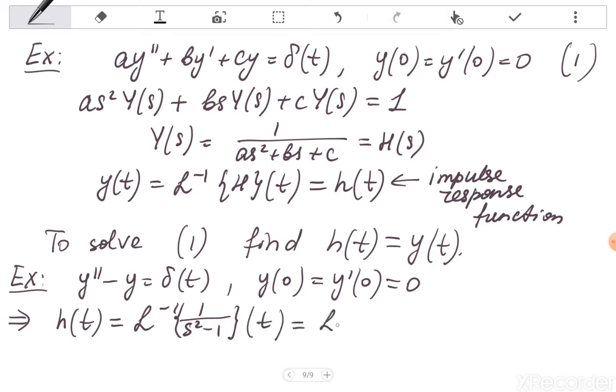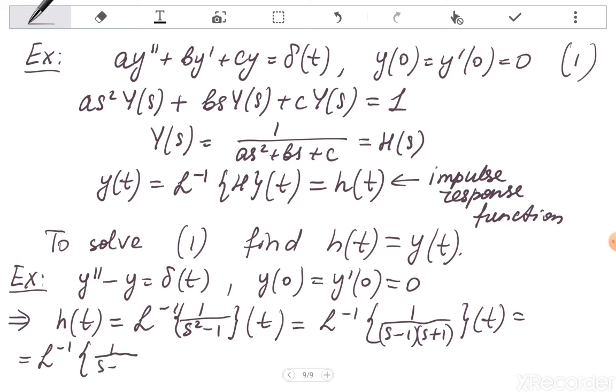So this is the inverse Laplace transform of 1 over s minus 1 times s plus 1 at a point t. And this is the inverse Laplace transform of the sum of 1 over s minus 1 minus 1 over s plus 1 at a point t.